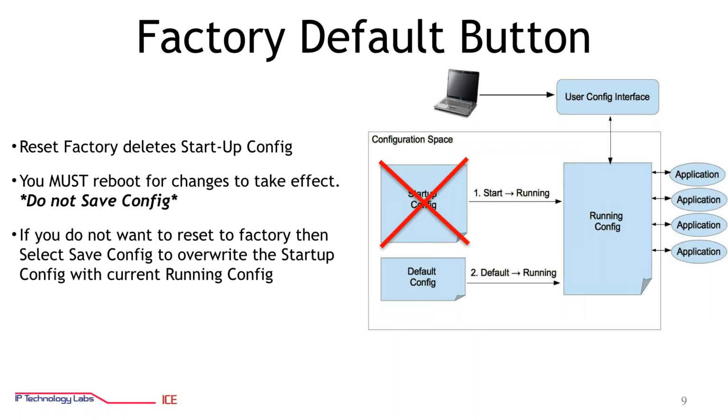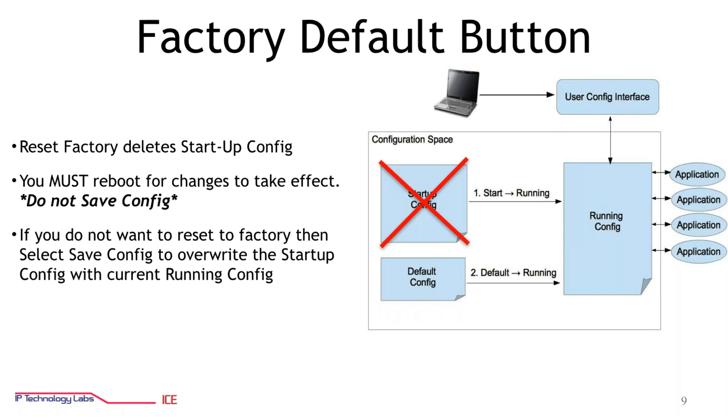Factory default: when I reset the device to factory default, basically what you're doing is deleting the startup config. So anytime you want to reset a device to factory default, you hit the factory reset button, which will delete the startup config, and then you reboot the device. If I hit factory reset and delete the startup config, and then I hit the save config button, I will copy the running config onto the startup config.